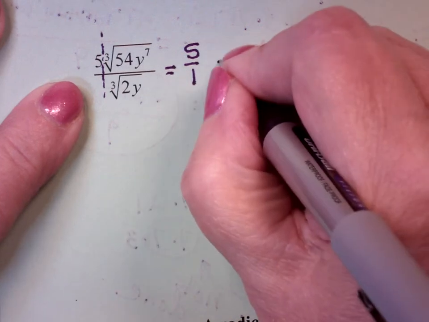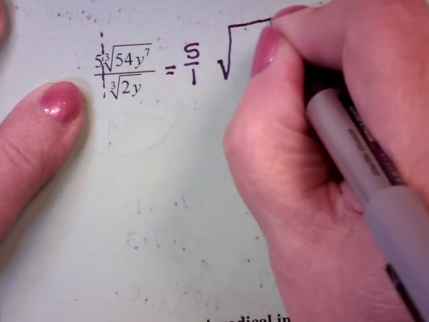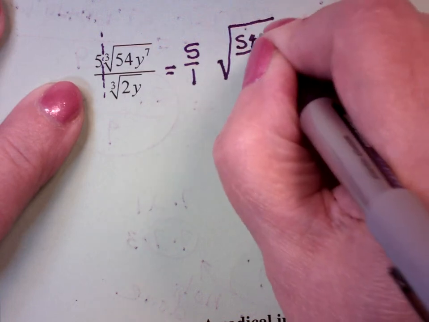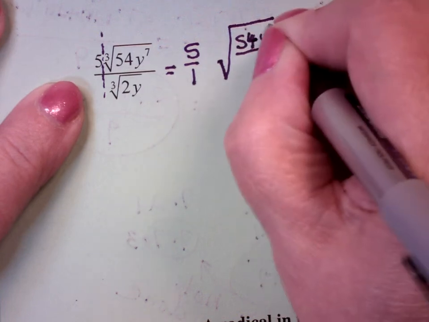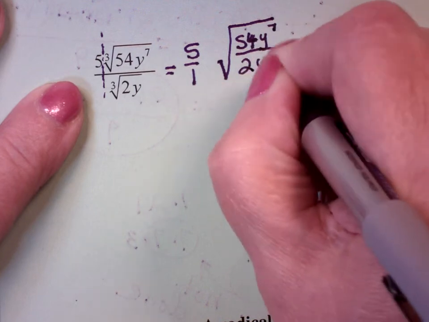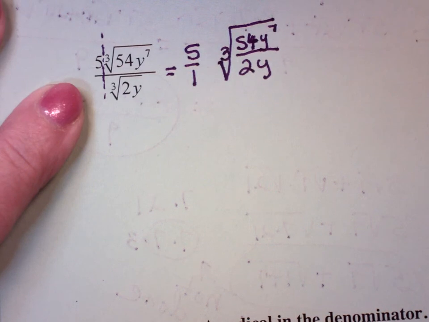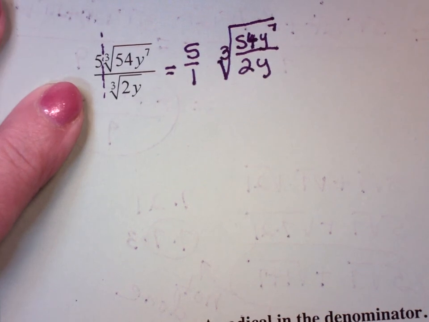And then I'm going to write as a single radical what's left over. This is 54 y to the 7th over 2y. And this is a cube root, so I have to be very careful. If I left it a square root, I'd have a completely different answer.